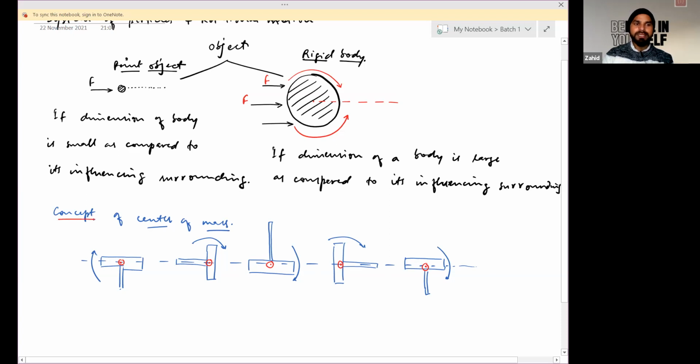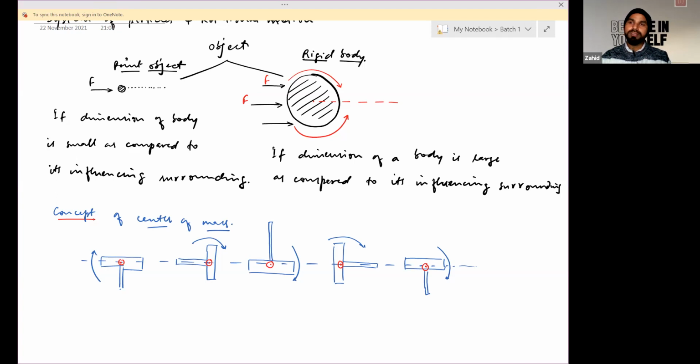So from this we can say in every rigid body, there will be a point on which the total action or impact of action, whether it is momentum, force, or any action, will be confined. It means if you add individual forces acting on individual particles, it equals the total action acting on this given point.